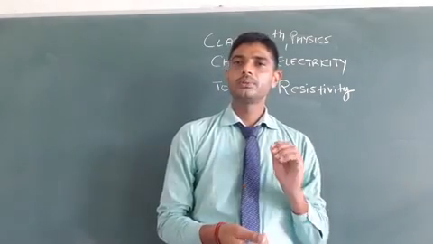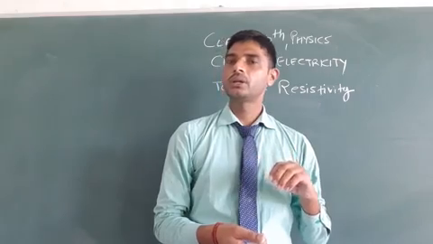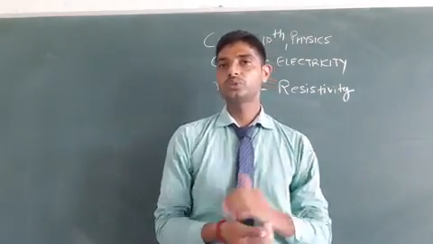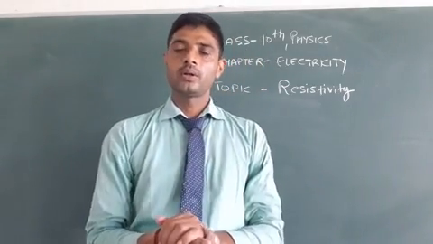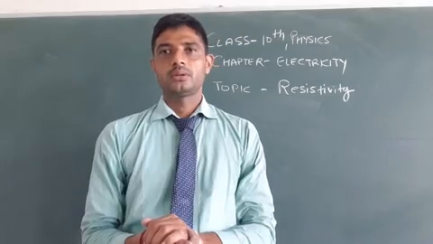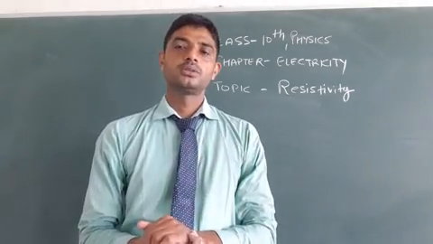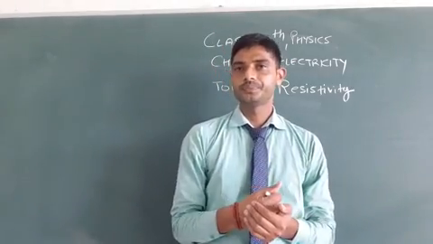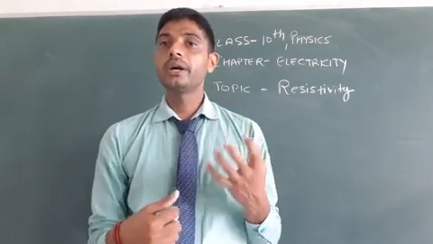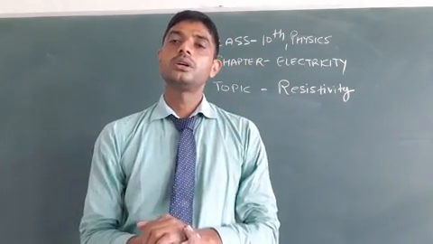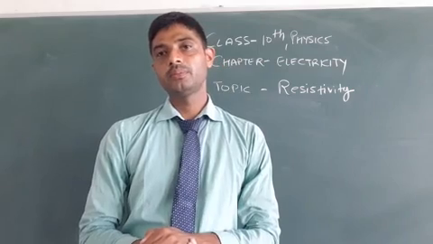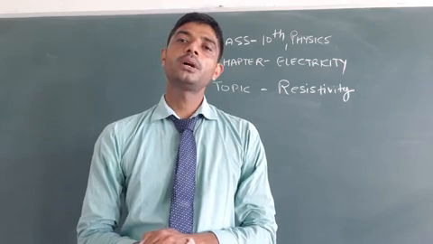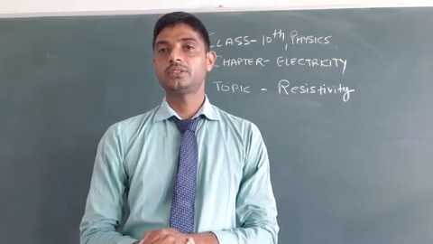So it means the flow of current in the wiring that we use in our house also depends upon the resistance of wire. That's why you see the wire used in houses is copper, aluminium, like this, because copper and aluminium have low resistance.